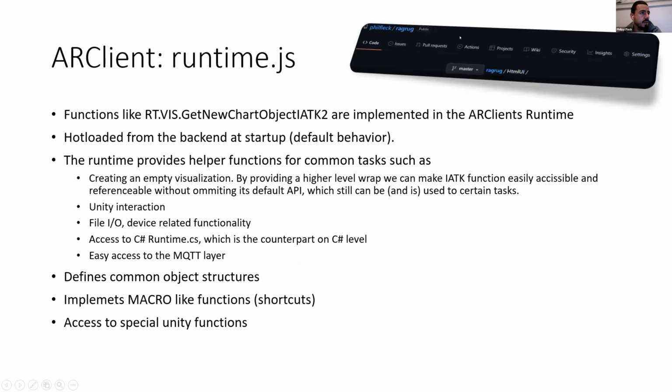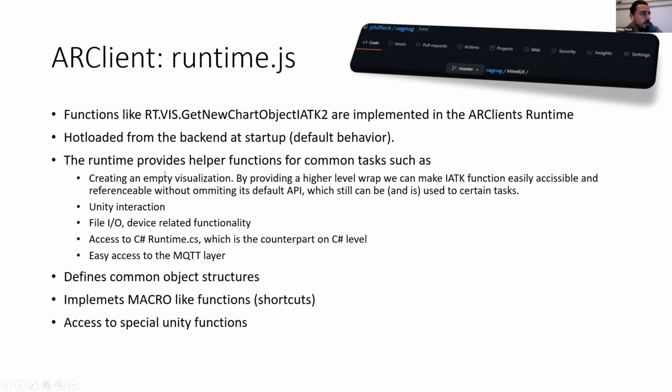You will find all the code in the HTML UI part in the RagRug repository. And as I said, this gives us shortcuts, for example, to create a new ILTK visualization that we can then fill up with data. It also gives us access to low-level device capabilities, like enabling the torch or starting some sort of tracking or accessing camera images and so on.